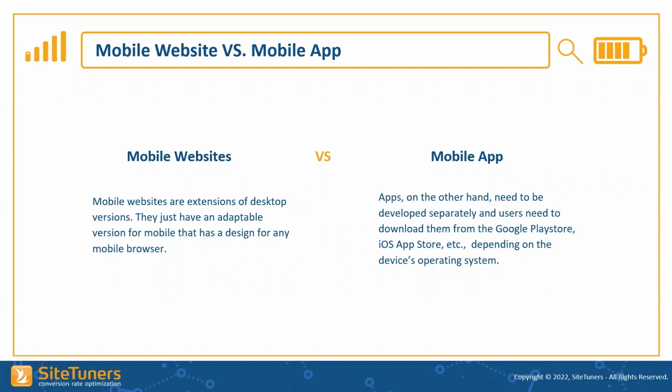All right. So a mobile website, basically, is an extension of a desktop, but we really talk about an adaptable version as opposed to just a responsive version. A mobile app, on the other hand, is developed separately, and there's coding involved, and it's even more or less one size fits all, because you have to create code for these things, where a lot of the websites have all the technology behind the scenes.